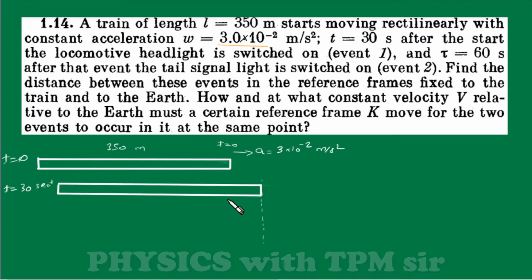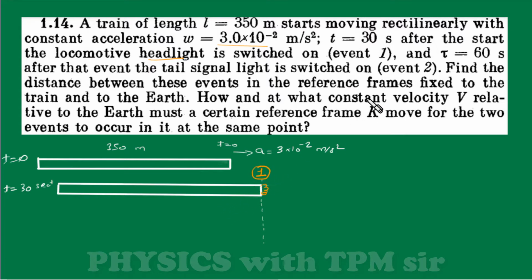So this is the situation after 30 second, and they are saying that 30 second after the start, headlights are switched on. Headlights means this. So let me draw like this. So headlight is switched on. This is event 1. Let me mark this as 1.